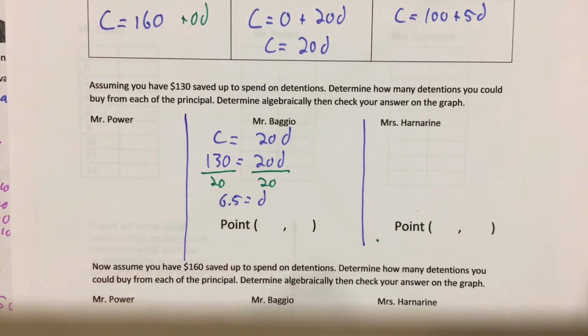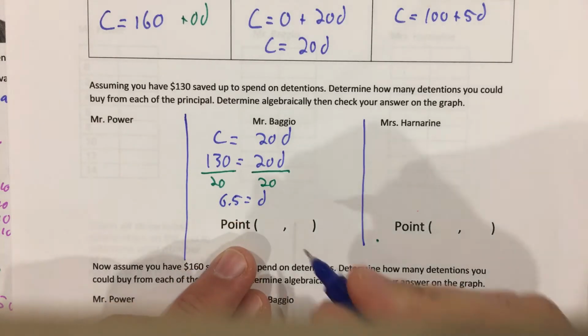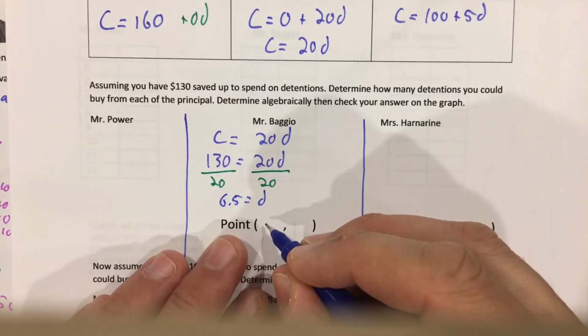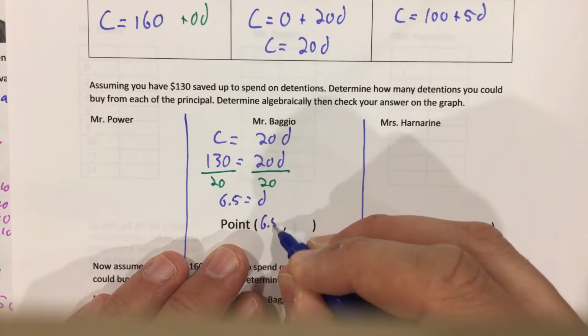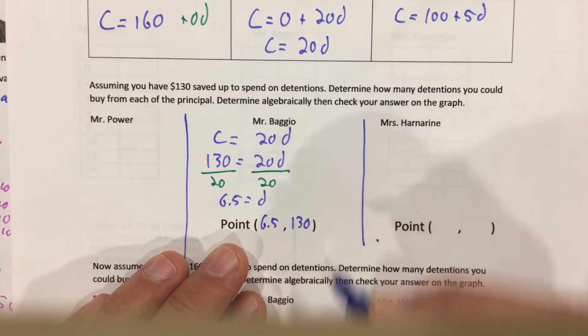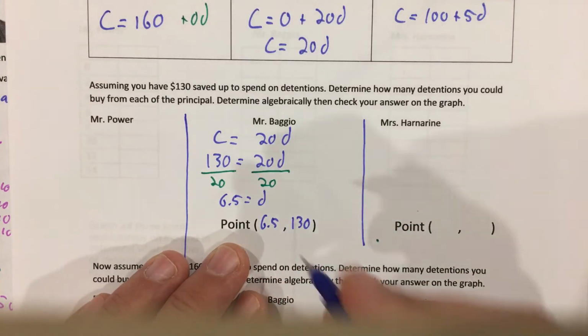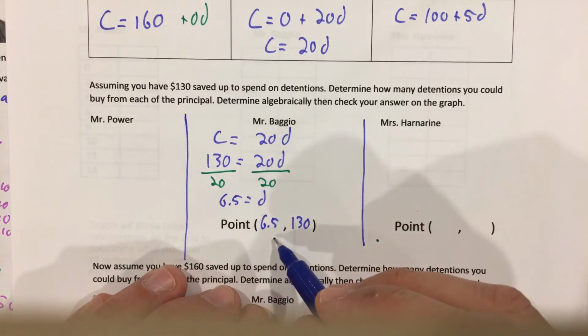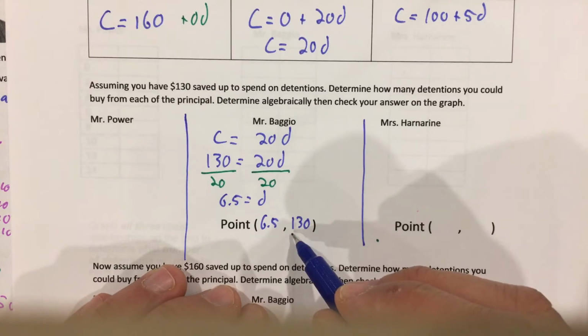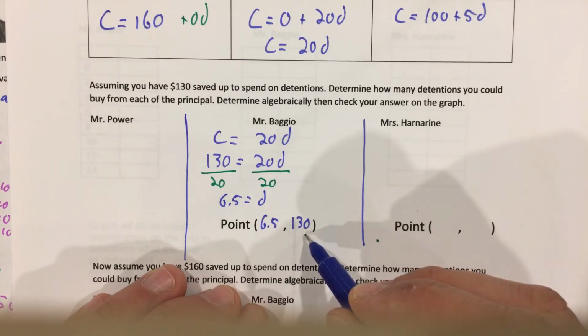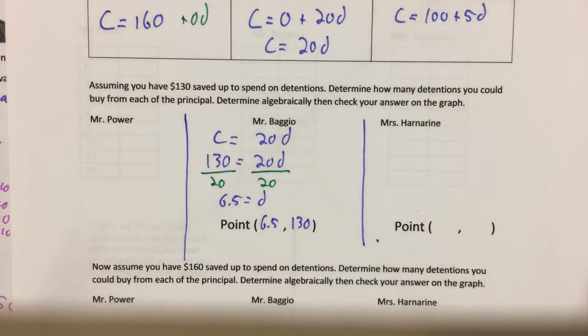Now, ours would either be 6 or 7, but that's what it's saying here for $130. So the point on the graph is 6.5 and 130. And what this point represents is, for 6.5 detentions, it will cost you $130.